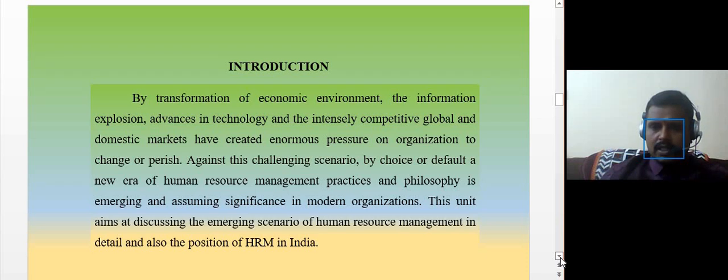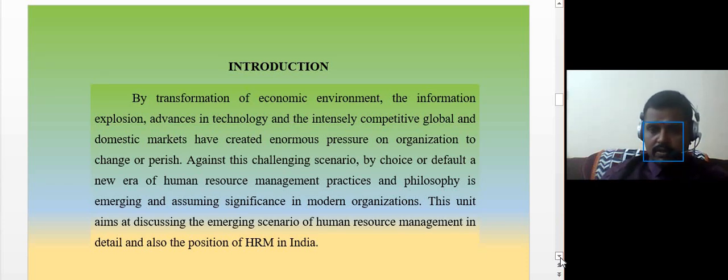So which one is the leading factor out of these 5 M's? The men resource. Without the men resource, without the human resource, the remaining factors are meaningless. There is no word for it. The remaining factors will not give any meaning to those things without the involvement of human resource in an organization.